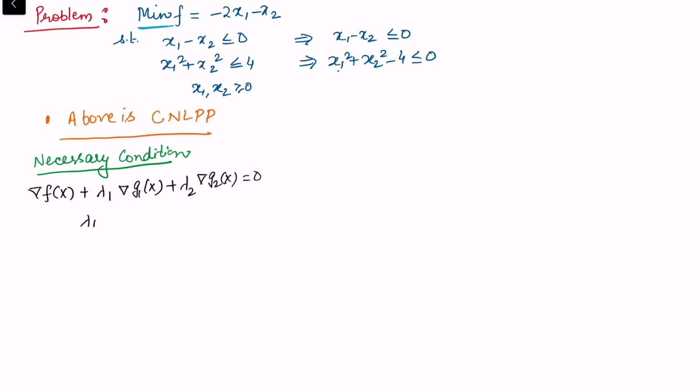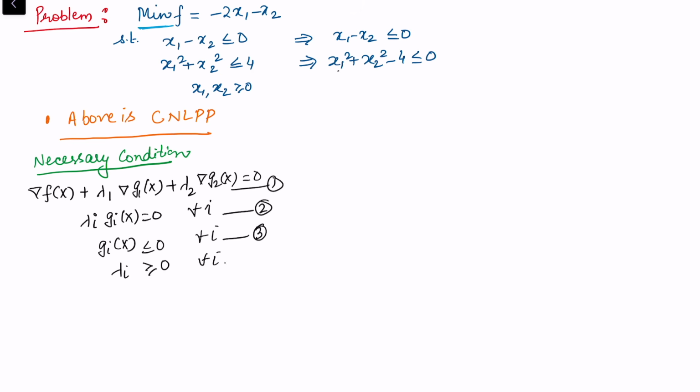The second is lambda i times gi(x) should be equal to 0 for every i. There are two constraints, so two i's, and gi(x) should be less than or equal to 0 for both, and lambda i is greater than or equal to 0 for every i. Put these as equations 1, 2, 3 and 4.